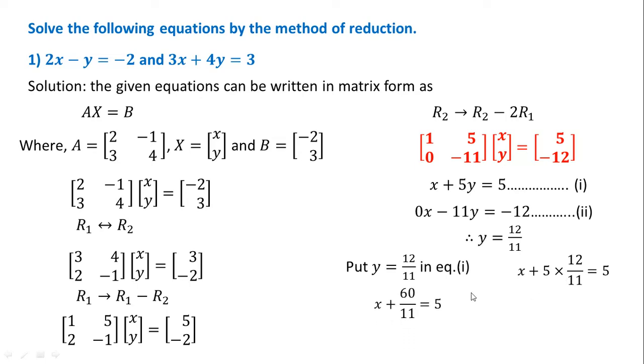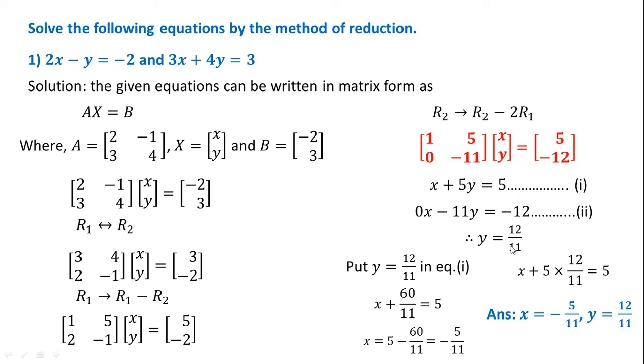That is x plus 60 upon 11 is equal to 5, so x is equal to 5 minus 60 upon 11, and cross multiplying we get minus 5 upon 11. After getting the value of y, we get the value of x. So the final answer is x is equal to minus 5 upon 11, y is equal to 12 upon 11. We get the solution of the given linear equations by the method of reduction.